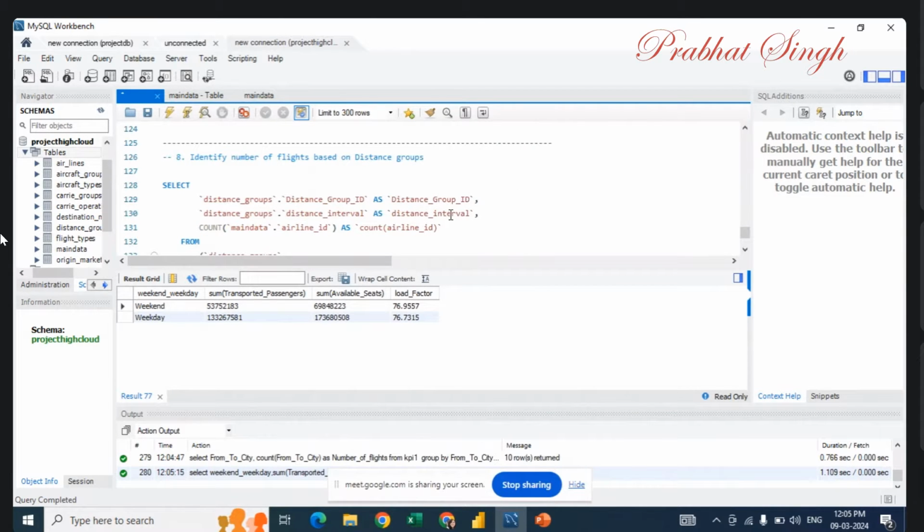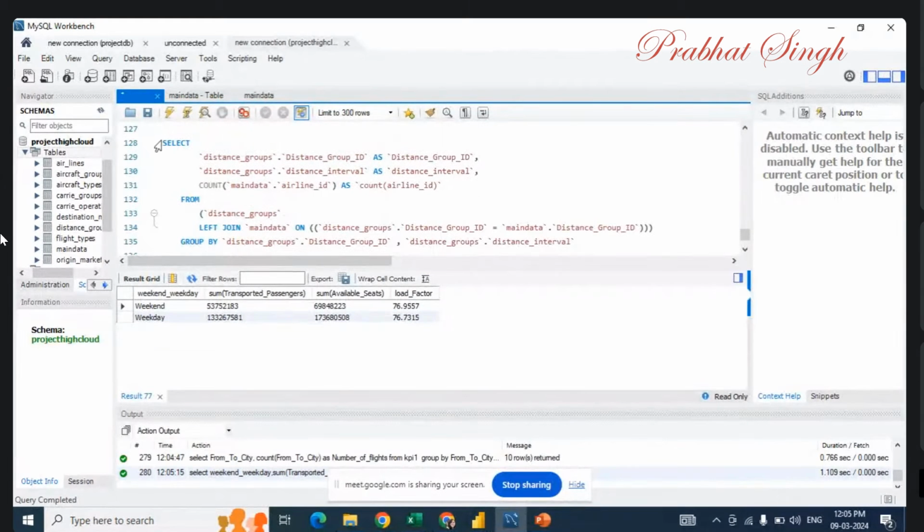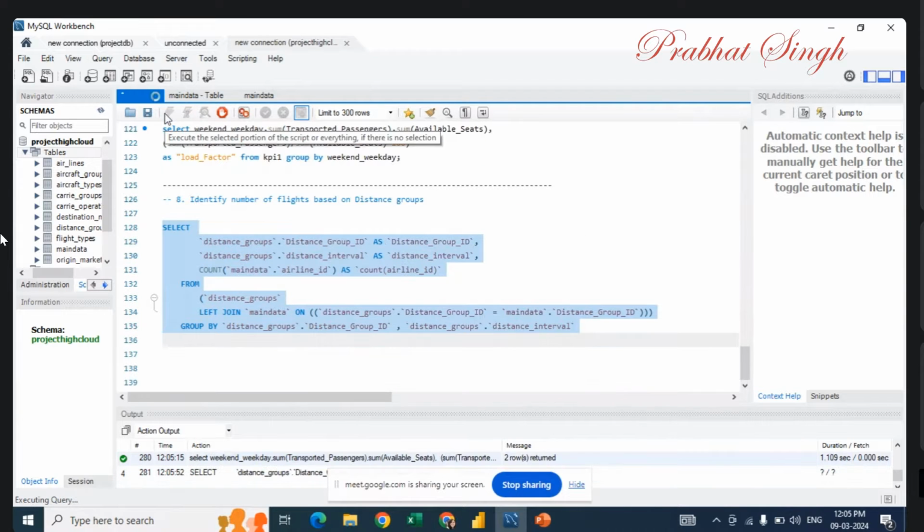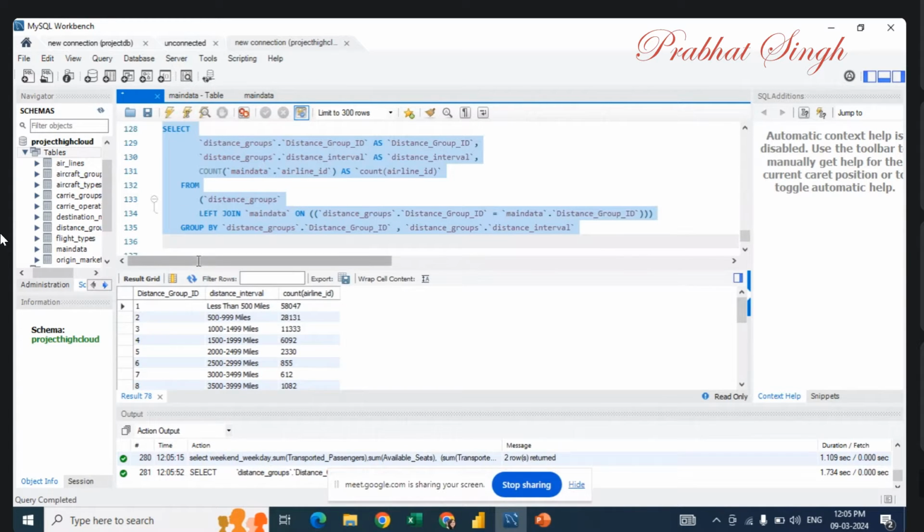And coming to the last KPI, the number of flights based on distance group. Here we have taken the distance group from the main data table and the distance group table, and compared them, grouping according to the intervals. So here are the results for that. That's it for the SQL, sir.